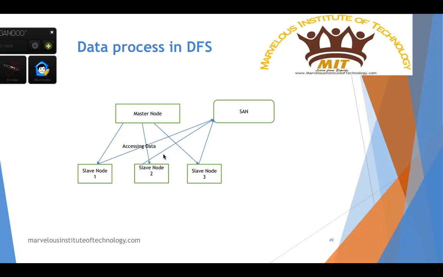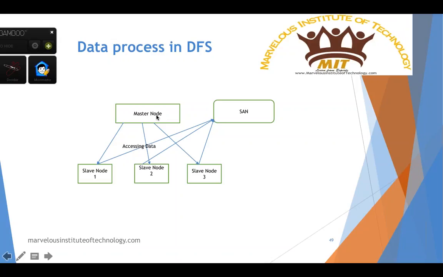The data will be processed in DFS. Even though NFS is ideally a network file system, a distributed file system, NFS is a file system which came from Microsoft, and here the data is spread across multiple machines and managed by one master kind of node.